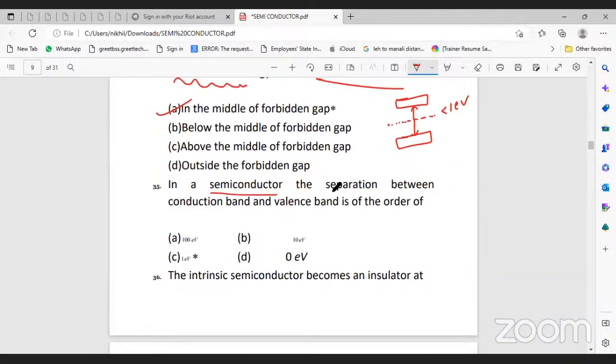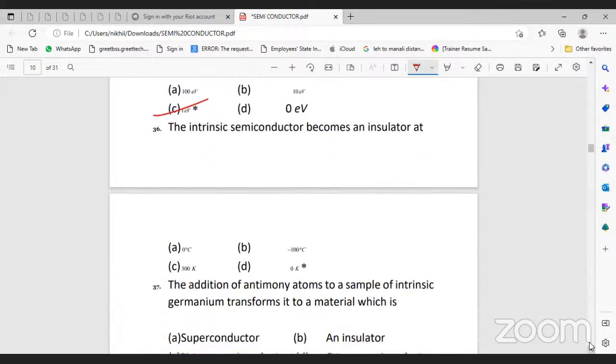In a semiconductor, the separation between the conduction and valence band is of the order of 1 electron volt or less. An intrinsic semiconductor becomes an insulator if you don't give any temperature, so at 0 Kelvin.